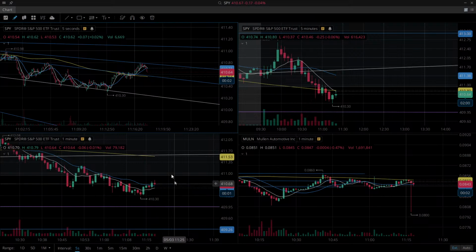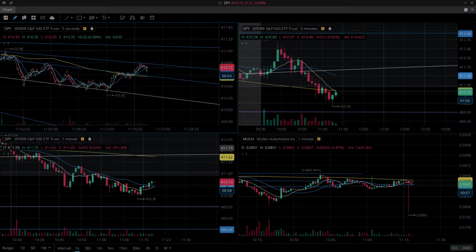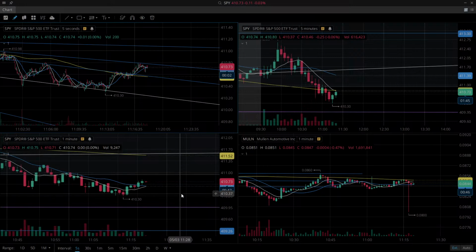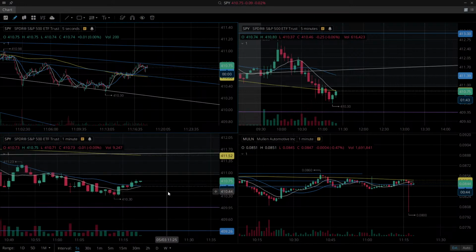Alright, a little pullback right here. Divergence is bullish. Might get a 2 for 1 out of this if this consolidates and breaks the fan here. We're reversing here. And I am in.